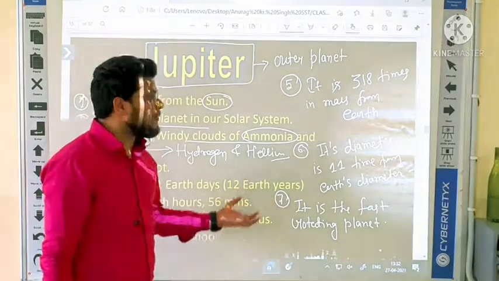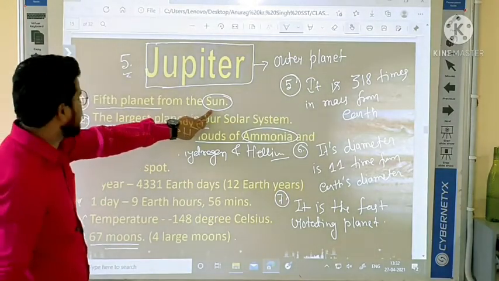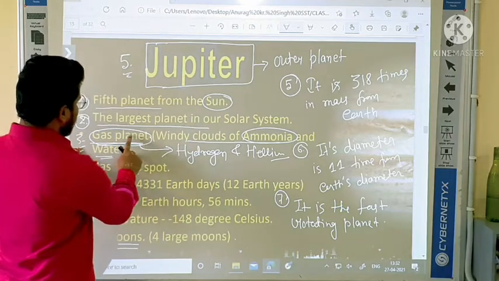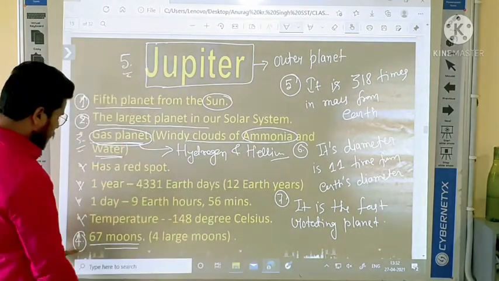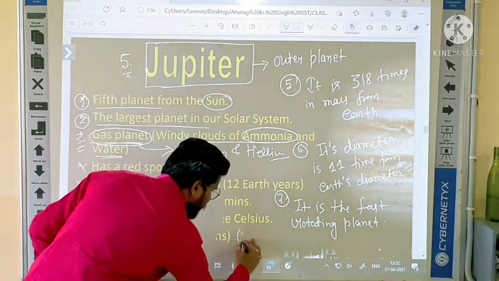These are the points about Jupiter. The first point is the fifth planet from the Sun. It is the largest planet in our solar system. The third point is it is a gas planet because it is made up of hydrogen and helium. The fourth point is it has 67 moons, which means the highest number of satellites.